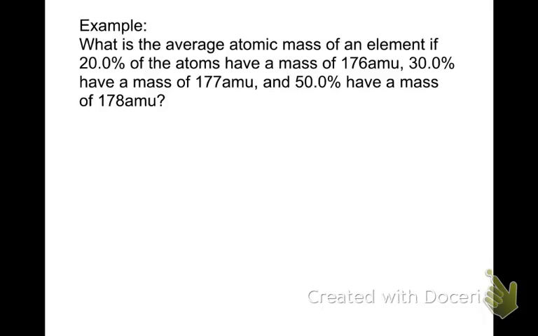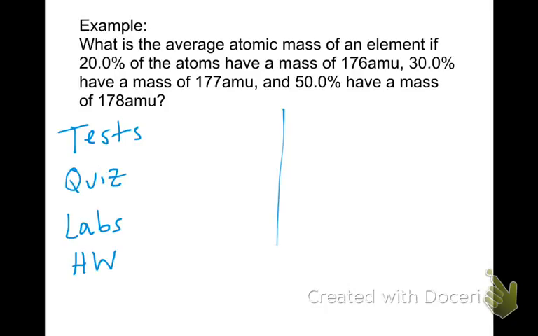So in this particular class, your average is a weighted average. You've got your tests, your quizzes, you've got your labs, and your homework. And I'm just going to give you some numbers here.